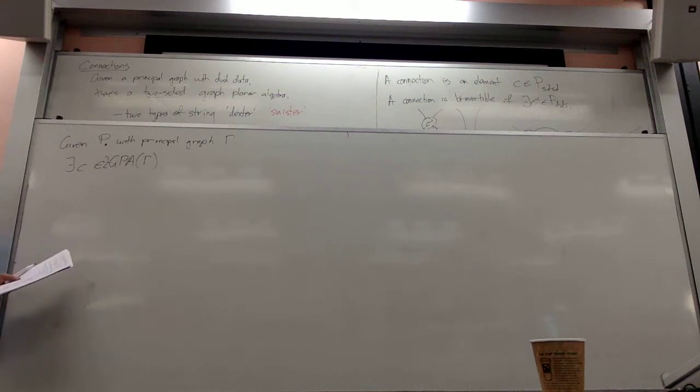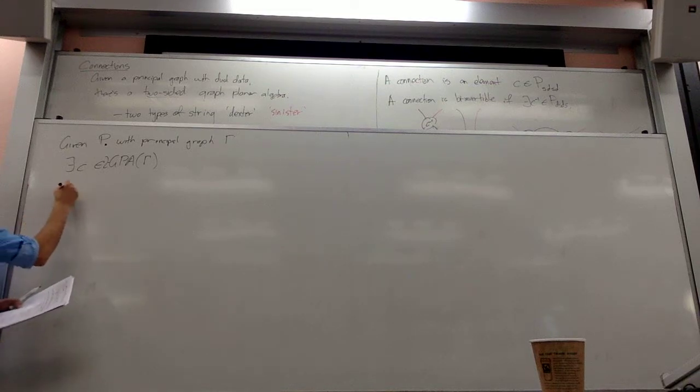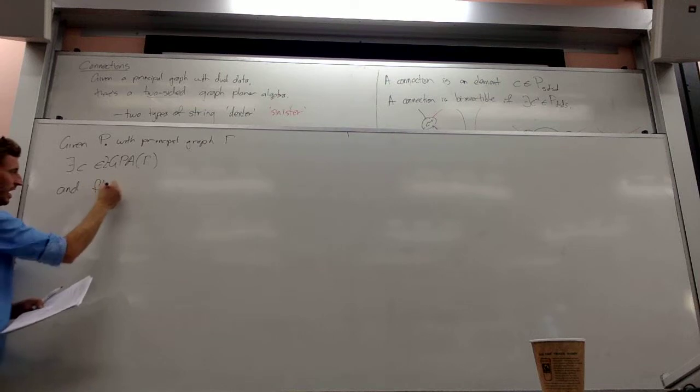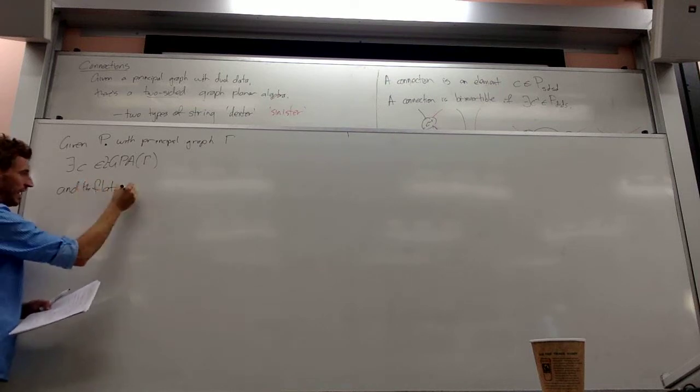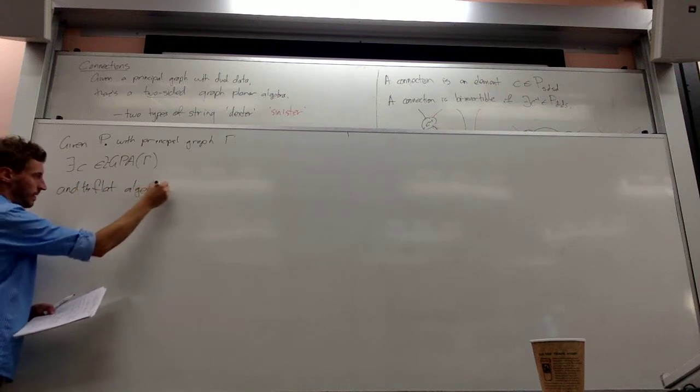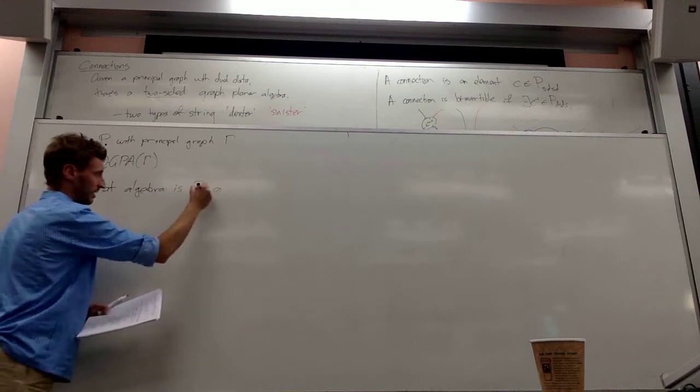And in fact, it's kind of easy to write down what this connection is. I mean, it's just some collection of 6j symbols. Maybe look at the notes if you want to see the formula. And the flat algebra is P again.